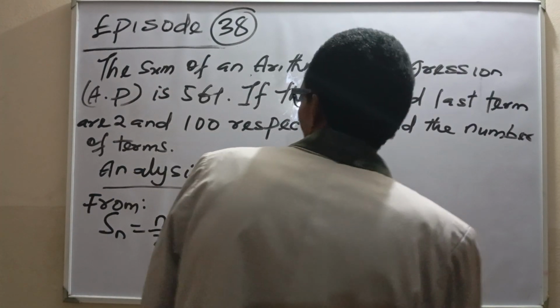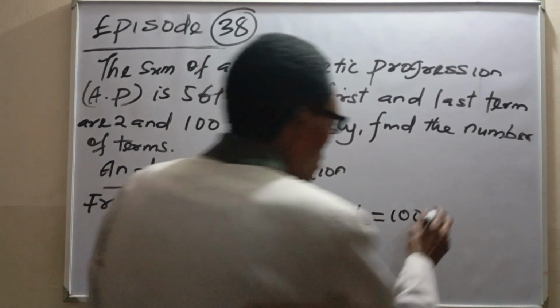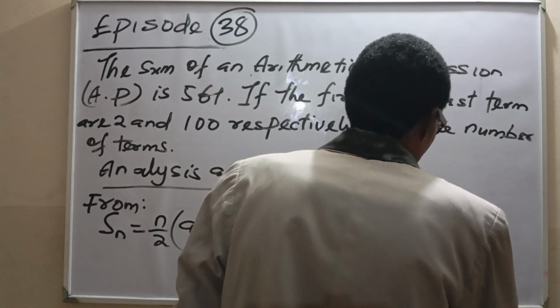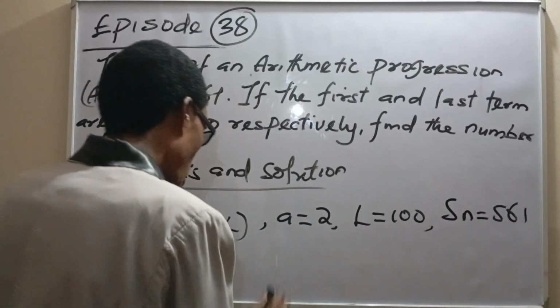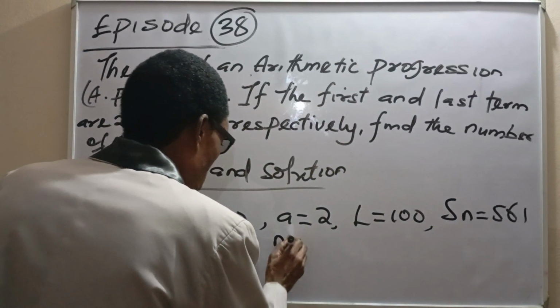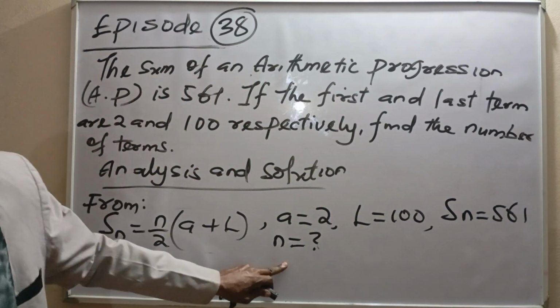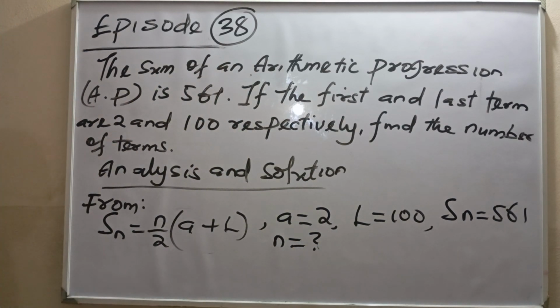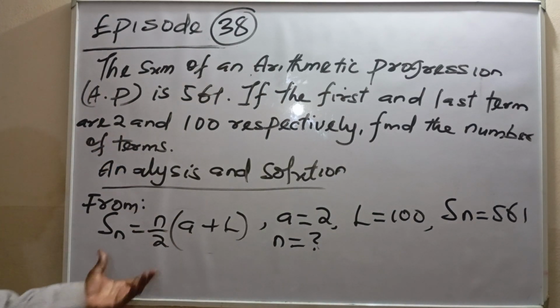The sum is 561, and n we don't know. n is what we are expected to calculate, because we are asked to find the number of terms, and this is the formula.